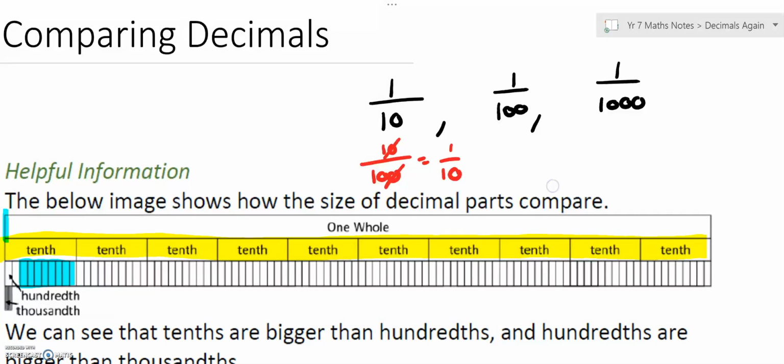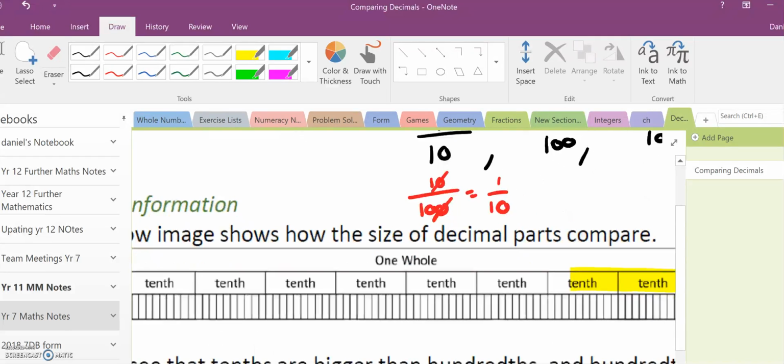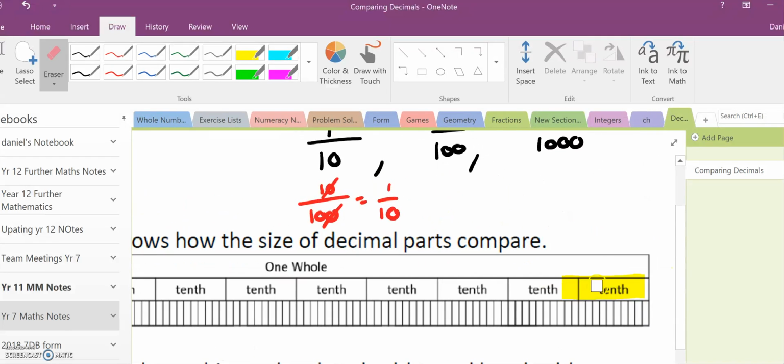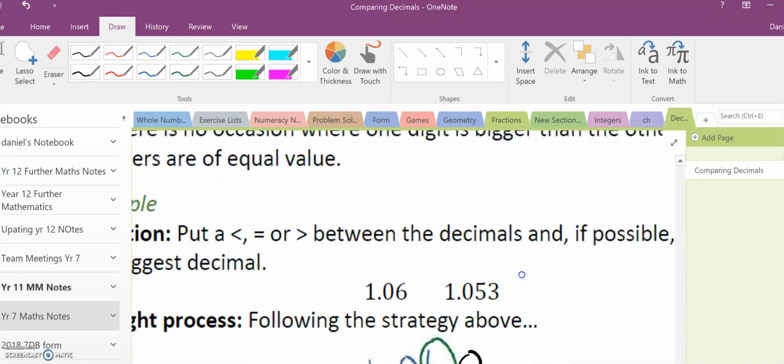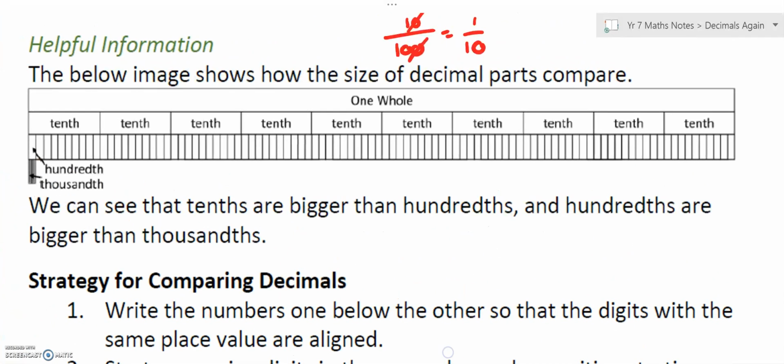Okay, now let's just visualize that by color coding. Okay, so it was 1, which I won't color code, and then I'll color code the 0.06. So 1 and 6 hundredths.